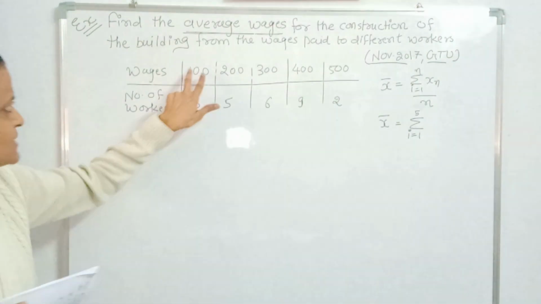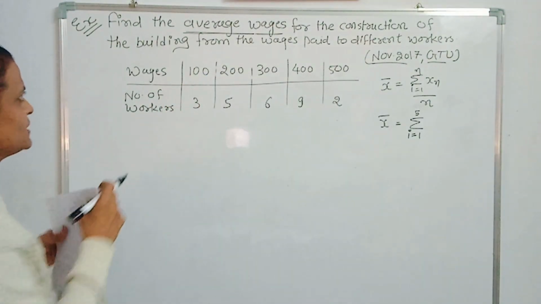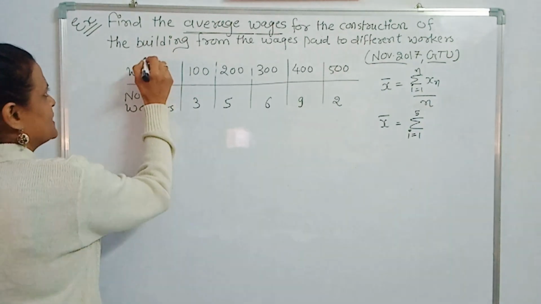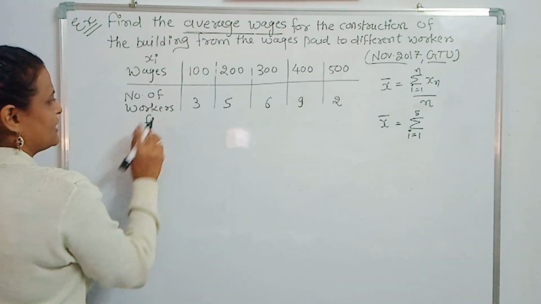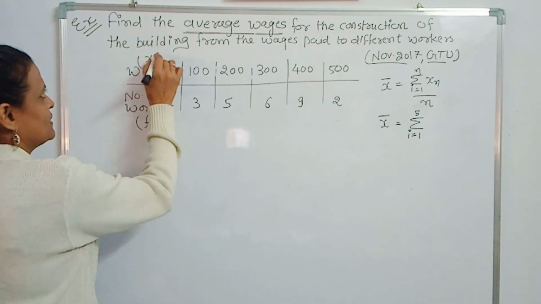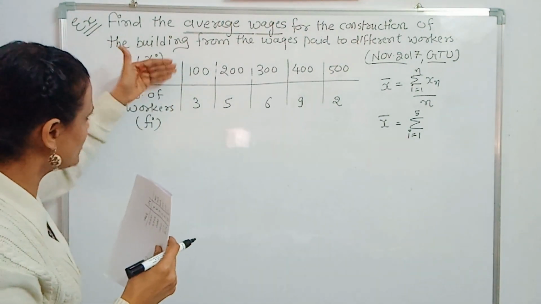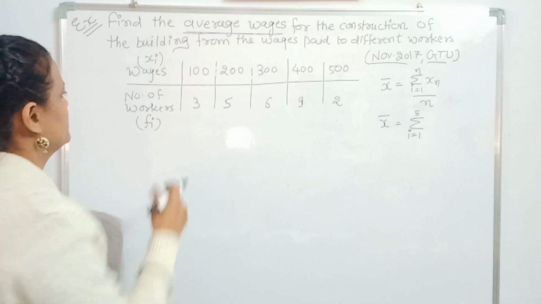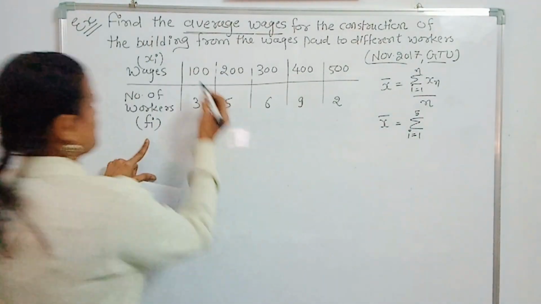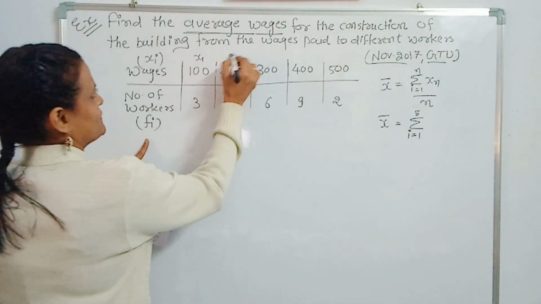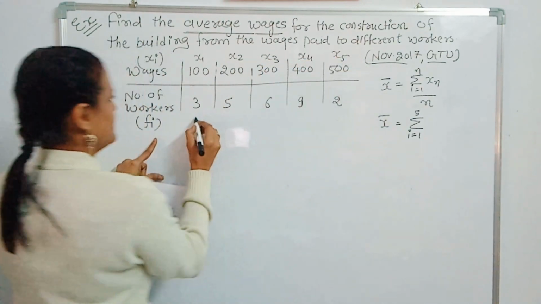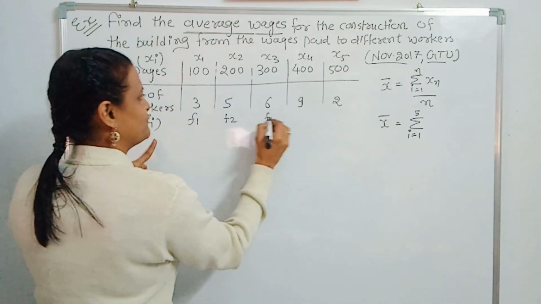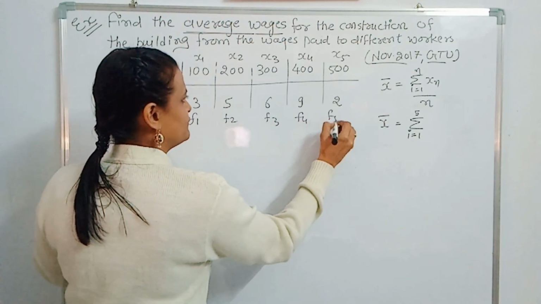So let us represent this by some variables. Let us represent our wages by xi and number of workers by fi. F means here frequency, that means number of repetitions. So this will be my x1, x2, x3, x4 and x5. This will be my f1, f2, f3, f4 and f5.